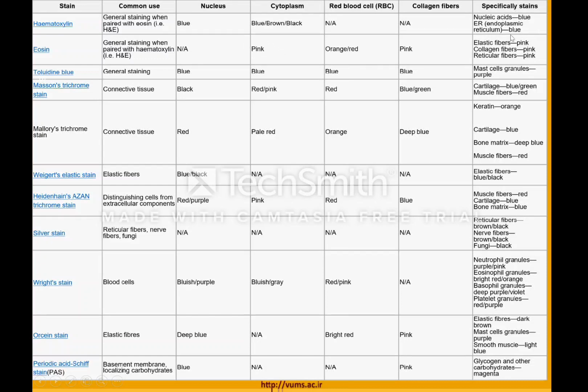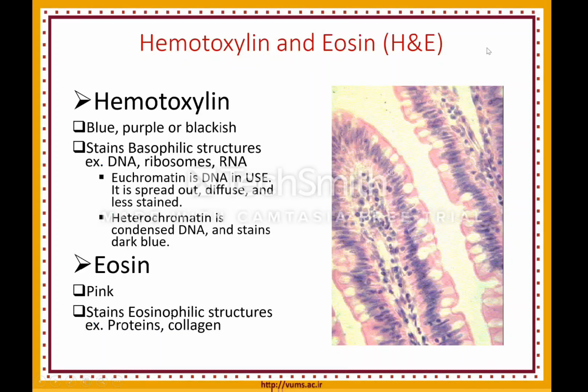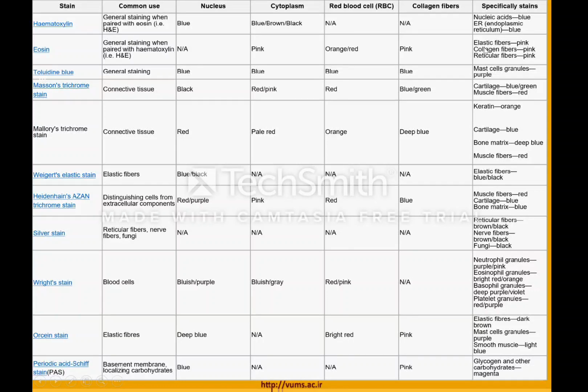And this is a staining also for other structures. For example, eosin can also stain the different fibers in the cytoplasm. But the others are special stains that different labs use especially for some structures.